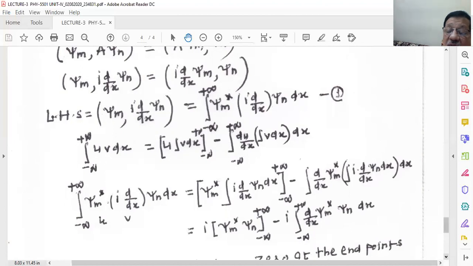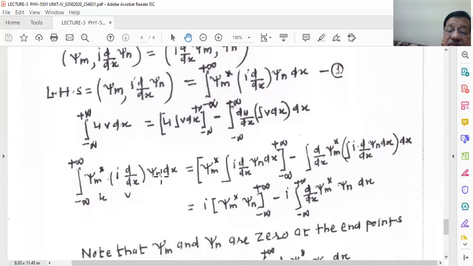Now look at the first term here. You have your wave function, and the wave functions are normalized. You see that the wave function at infinity is always zero.